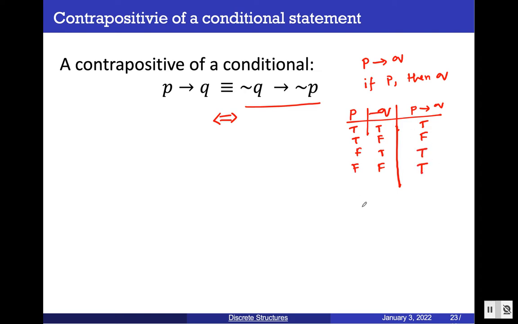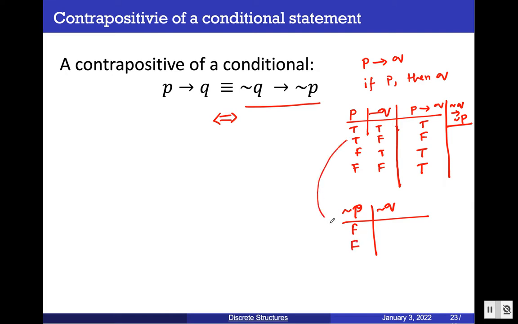All right. Now let's see the truth table for not Q implies not P. Okay, so let's see not P, not Q. We are going to have here false, false.